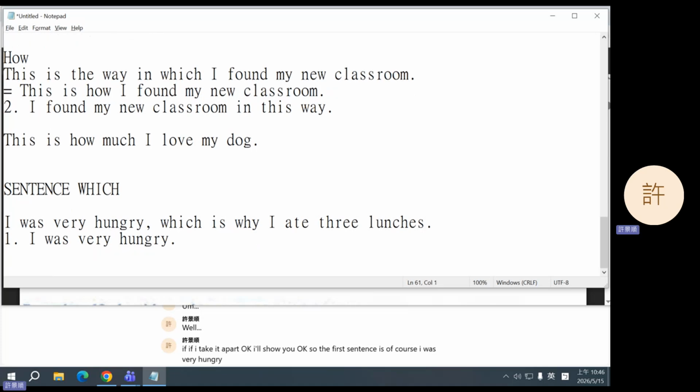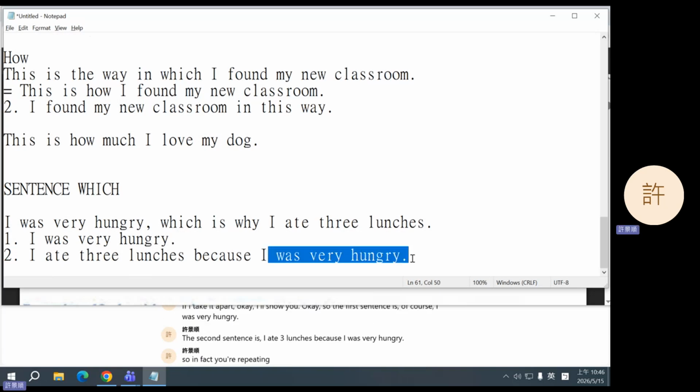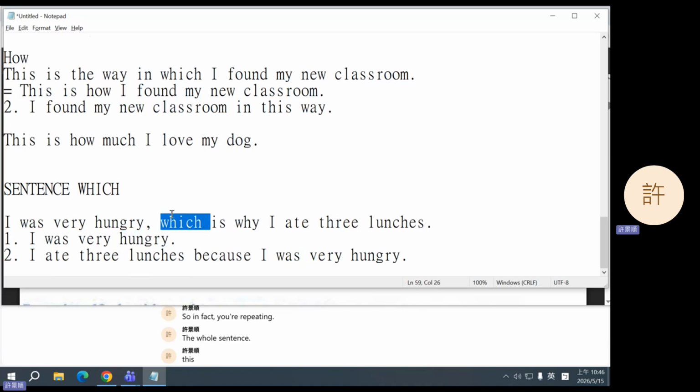The second sentence is, "I ate 3 lunches because I was very hungry." So in fact, you're repeating the whole sentence. This "which" replaces or connects the whole first sentence.